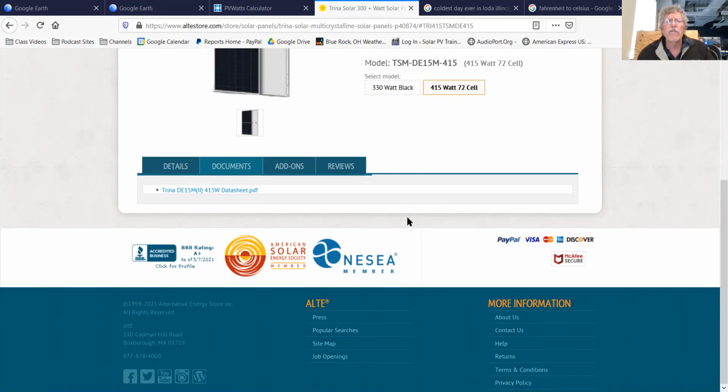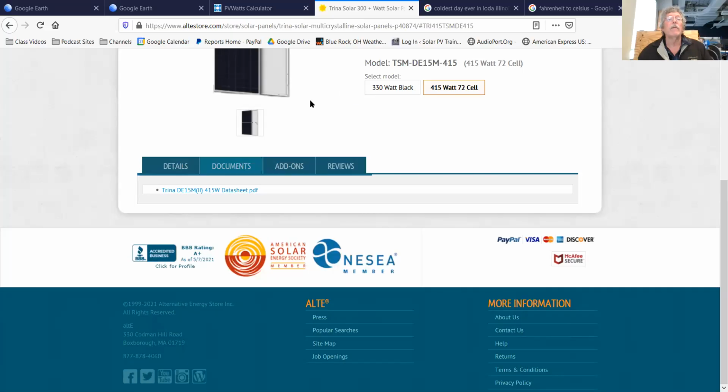The temperature coefficient at VMP is 0.36% per degree Celsius. And at VOC, it's 0.26% per degree Celsius. I'm going to need those for the string calculations. All right, so I picked that.